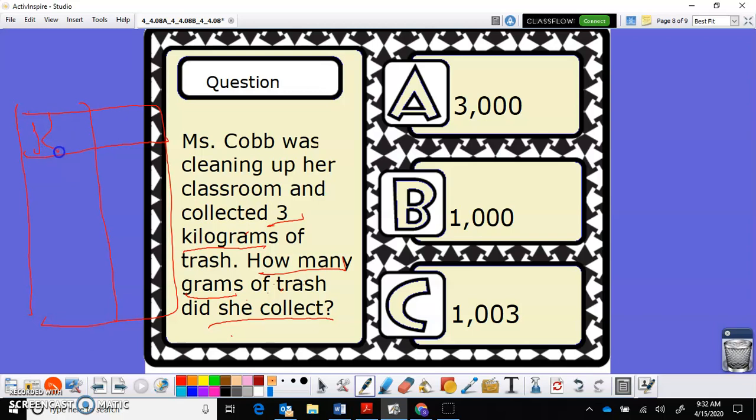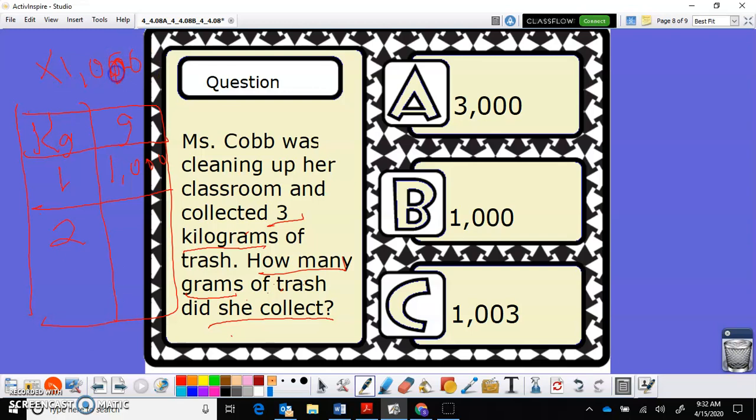So kilograms here, big to small, we don't even have to think about that. We know that 1 kilogram equals 1,000 grams. We know that 2 kilograms, 2 times 1,000.